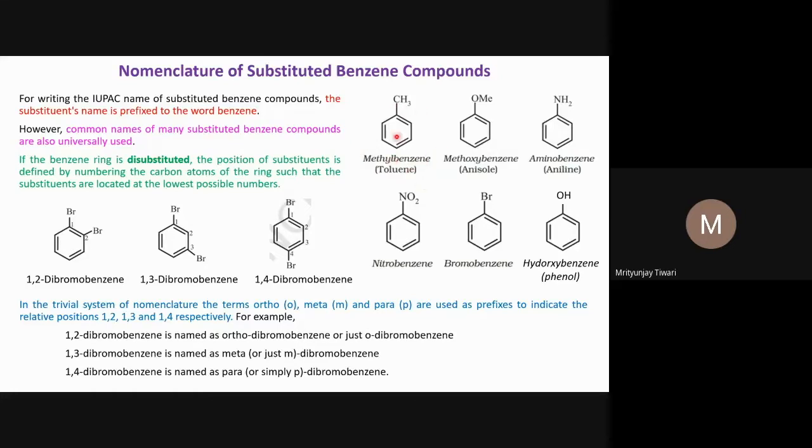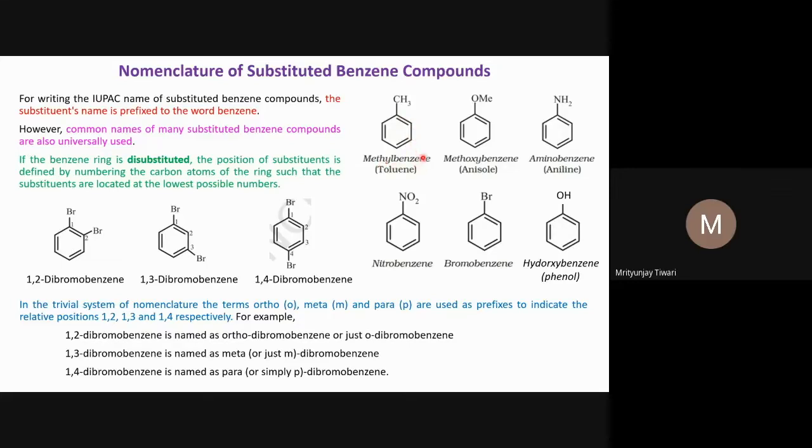Now, if you see the substituted benzene, this is the benzene ring, and one methyl group is at one of the carbon atoms. Substitution means the hydrogen was in the benzene. All the carbon atoms contain one hydrogen, and now in this case, one of the carbon hydrogens is replaced by a CH3 group. So one can write it as methyl benzene, because anywhere you put the methyl, the numbering is not required.